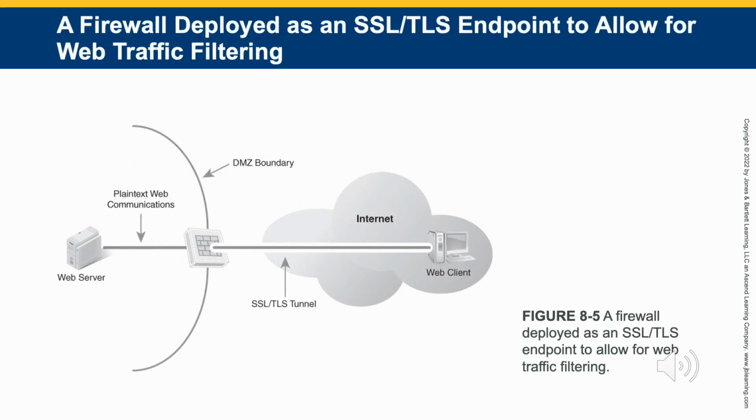In this example, a firewall is deployed as an SSL/TLS endpoint to allow for web traffic filtering. We have our web server that's sitting in our DMZ. It's communicating with the firewall with plain text web communications, and the web client is asking for a web page from our web server, and they get that through HTTPS/TLS.